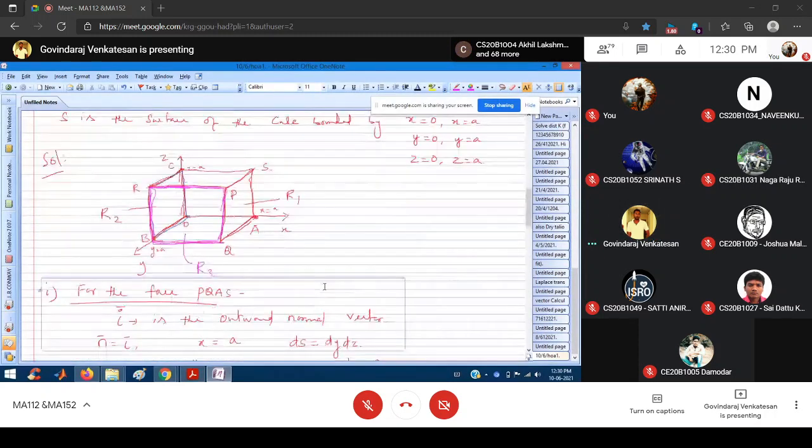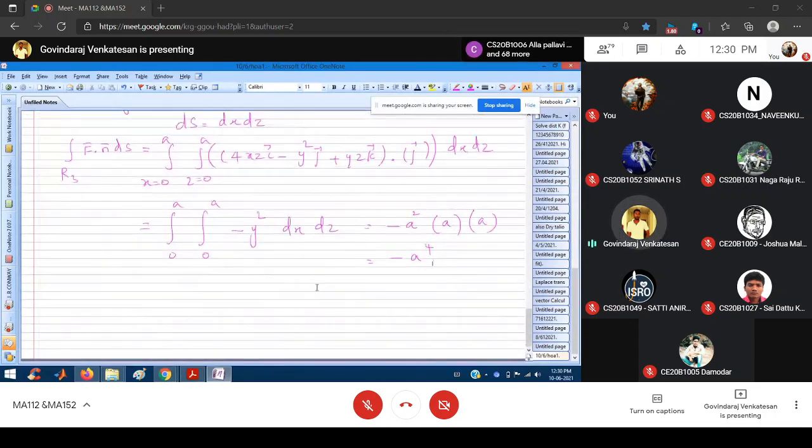So the value of minus a power 4 is the surface integral for the region RPQB. Okay. Now let me take the next, the direct opposite to this face.